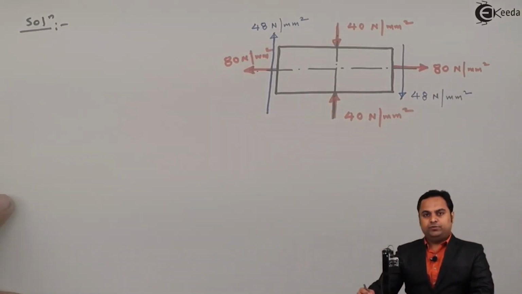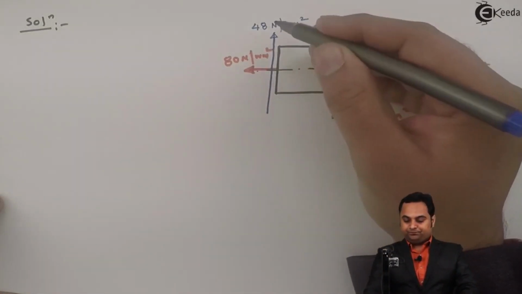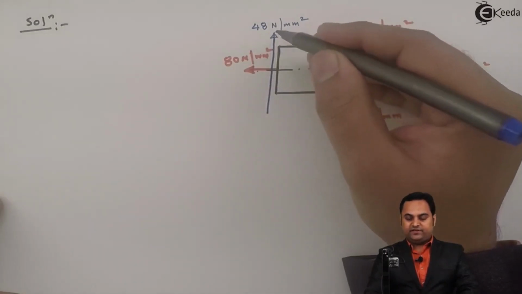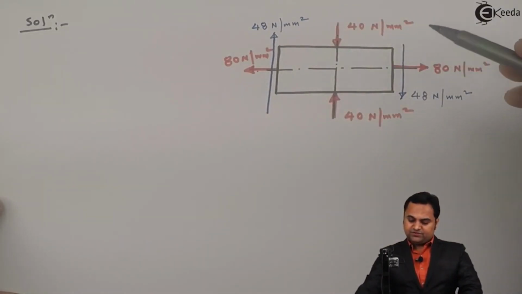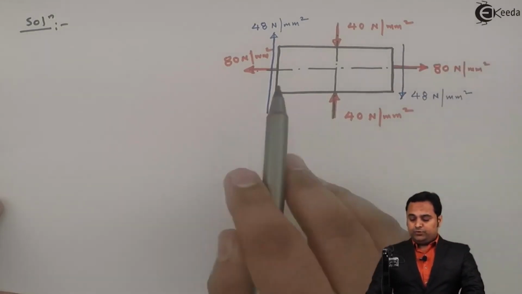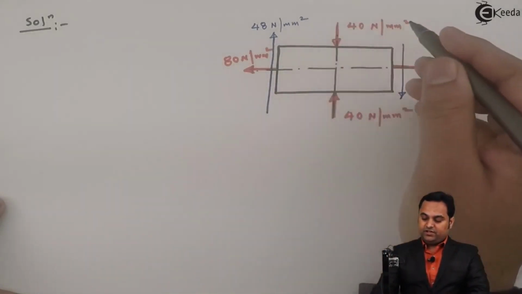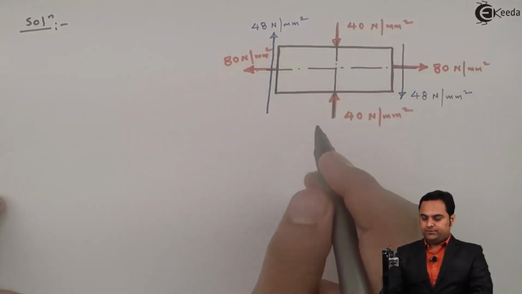Now here I am assuming this as clockwise shear because one of the shear stresses is acting along this plane towards the left hand side, the other shear stress is acting along the plane on the right hand side. Because of these two opposite directions of shear stress, a clockwise moment is produced.